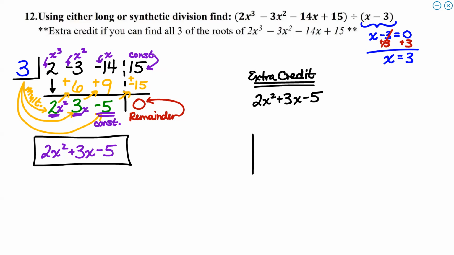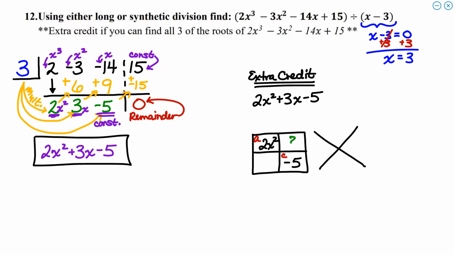Yep, we're going to do our box. This is my area model, my array, and my x. What goes here? 2x squared. What goes down here? Negative 5, my c value.